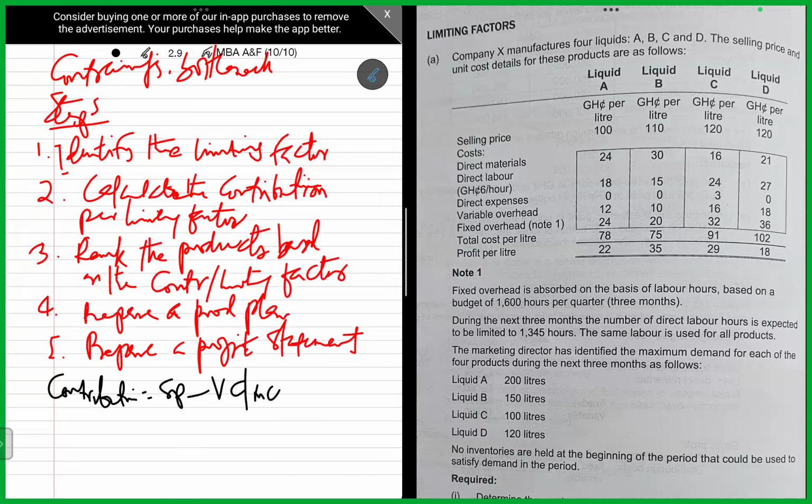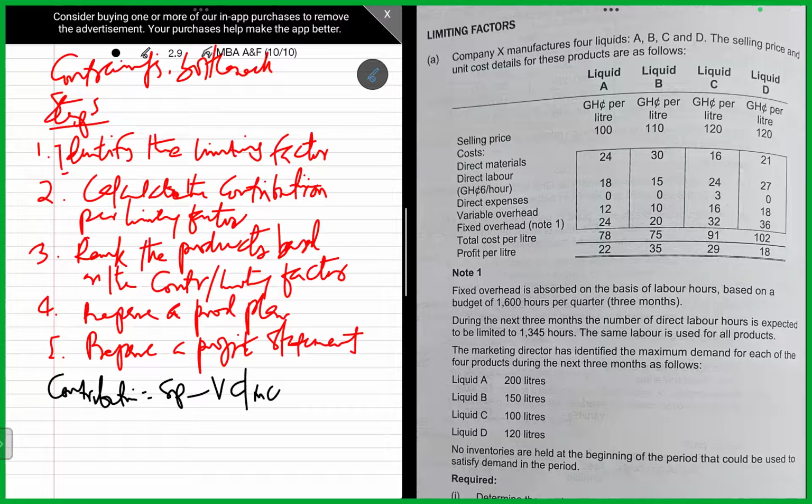Then the cost. Direct materials for A 24, B 30, C 16, D 21. Then the direct labor hours per liter 18 for A, 15 for B, C 24, D 27. Then direct expenses. A has 0, B has 0, C has 3, D has 0. Then variable overheads.